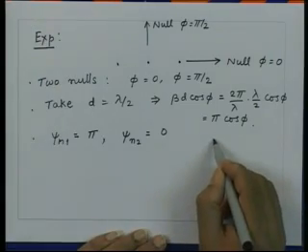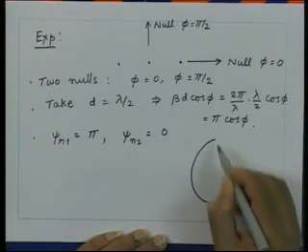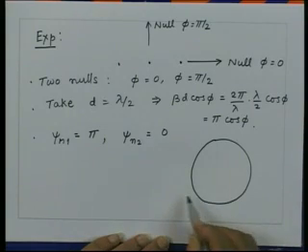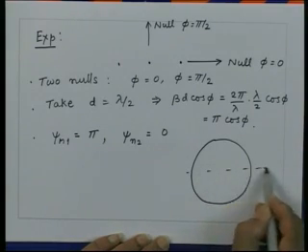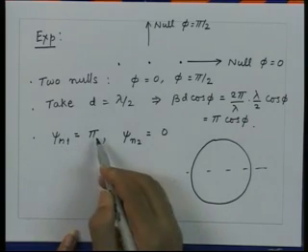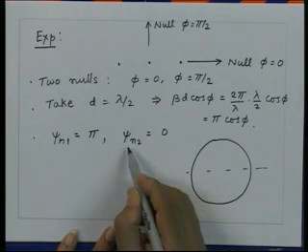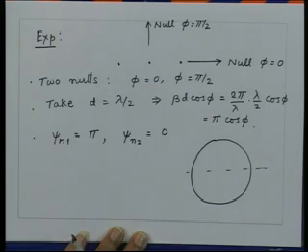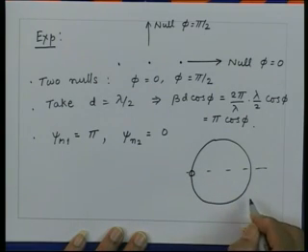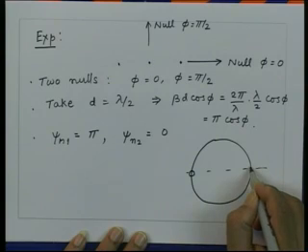So, if I put the circle diagram for this, we have two nulls, one corresponds to psi equal to pi, and the other one corresponds to psi equal to 0. So, I have one null here and I have another null here.